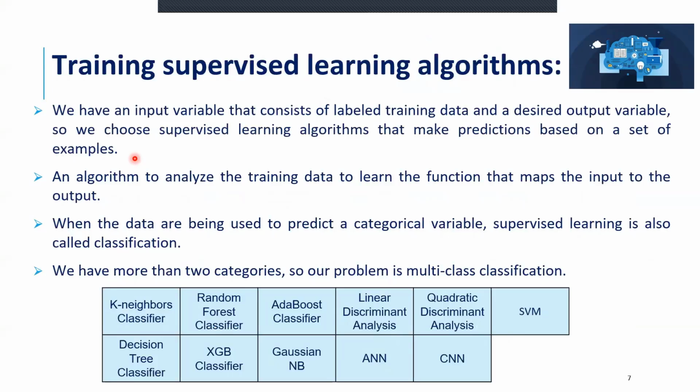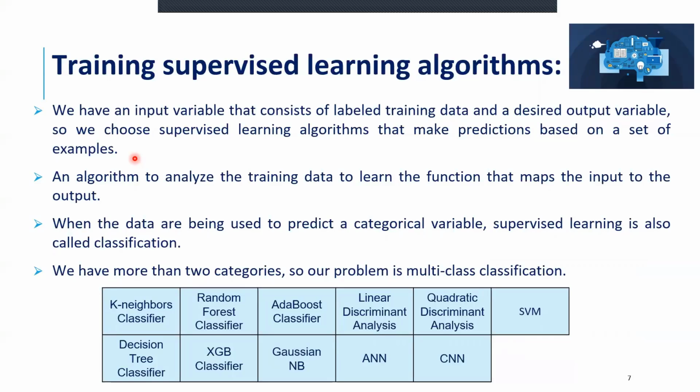So after data pre-processing, the next step in our method is to train a supervised learning algorithm to train our model. In our data set, we have an input variable that consists of labeled training data and a desired output variable.